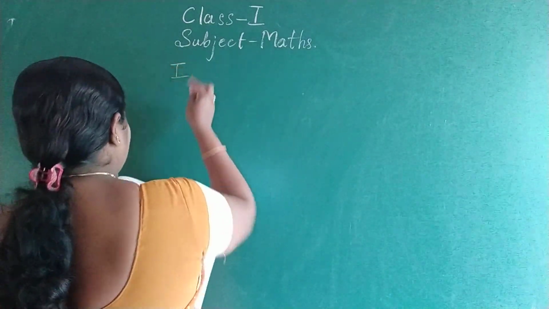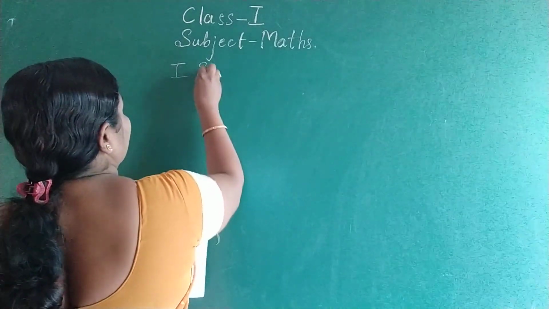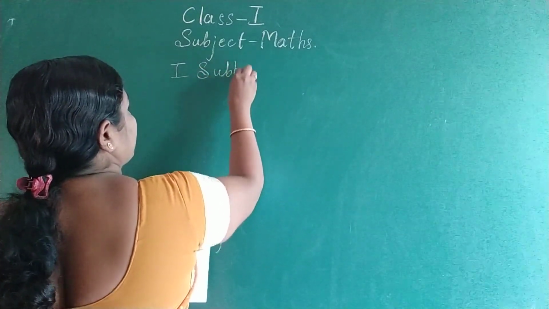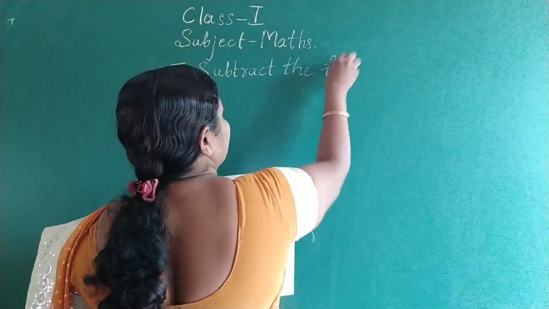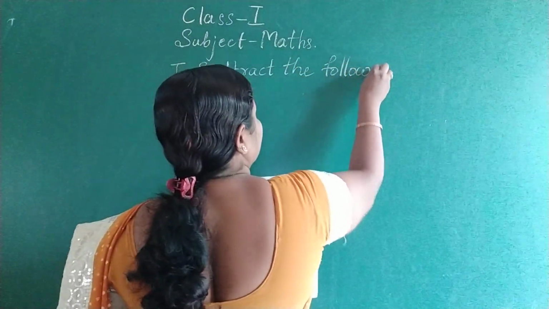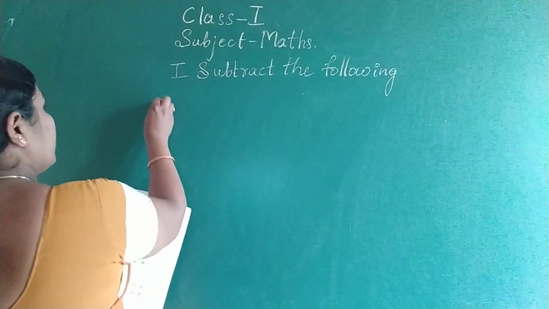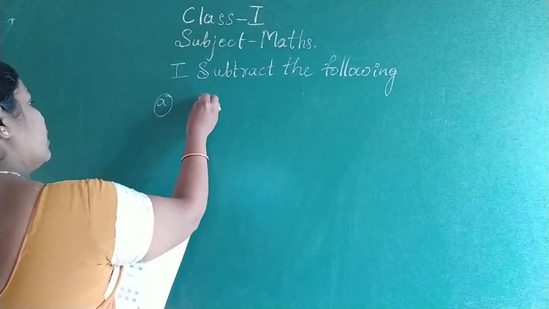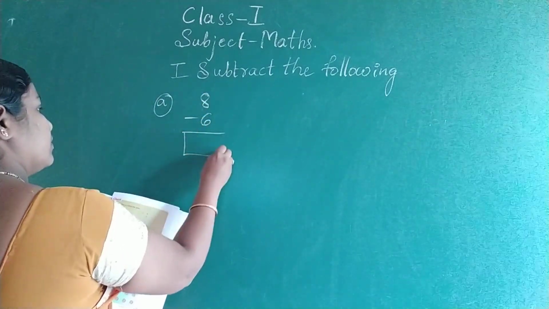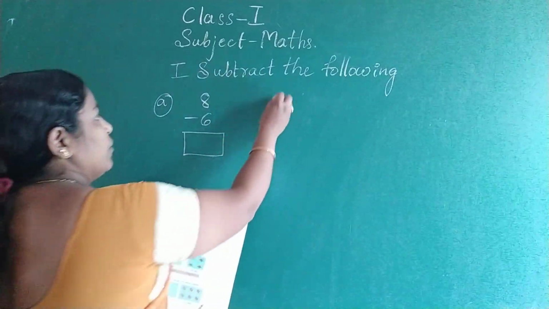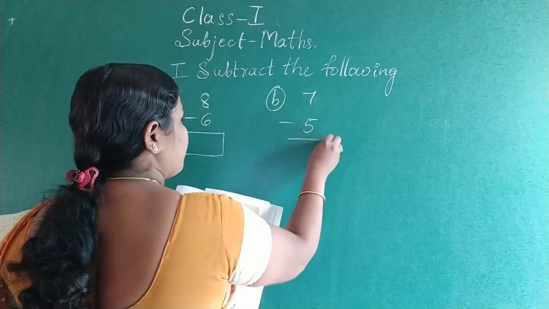First one. Subtract the following, one is done for you. A, 8 minus 6. B, 7 minus 5.